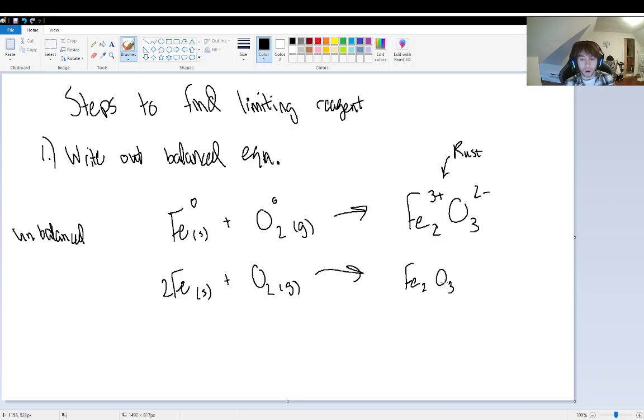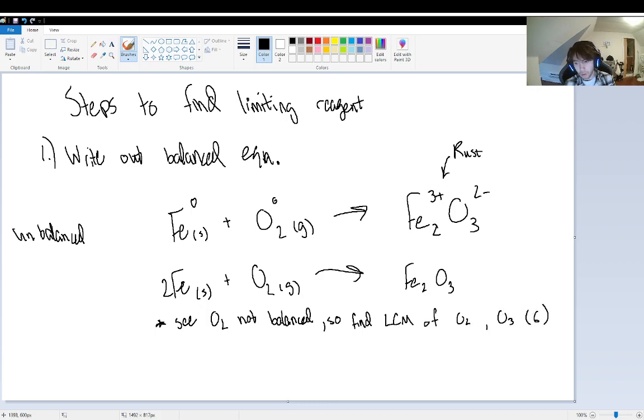The easiest way I know to do that is the lowest common multiple of 2 and 3, which is 6. So O2 is not balanced; find the lowest common multiple of O2 and O3.